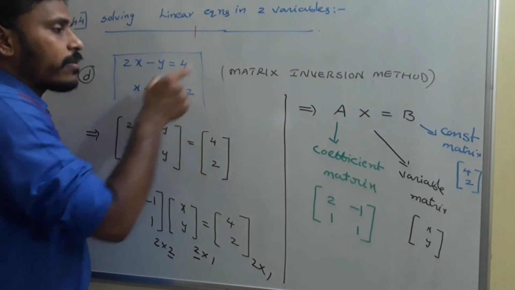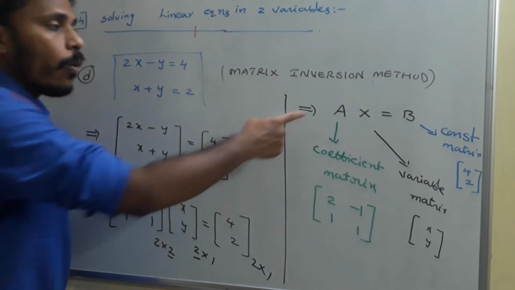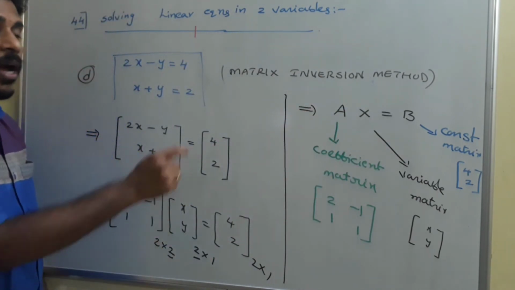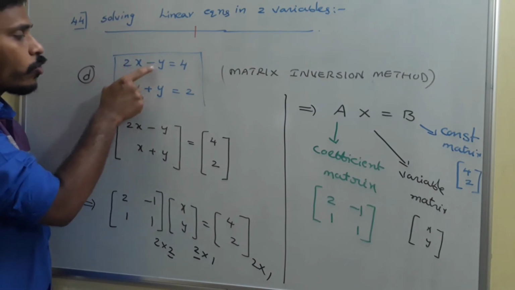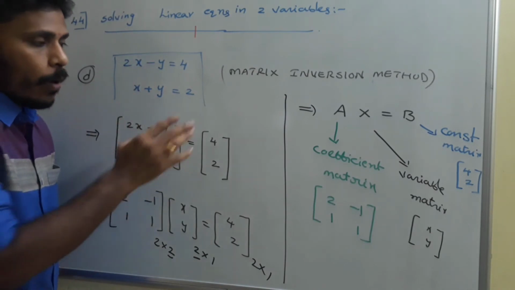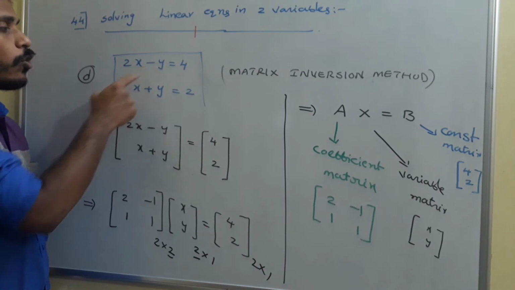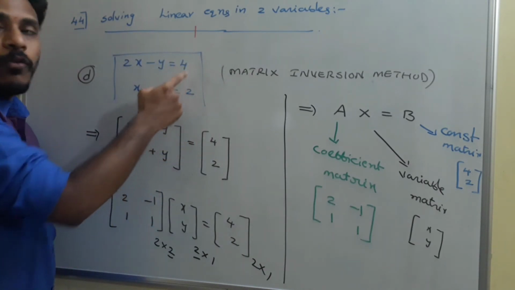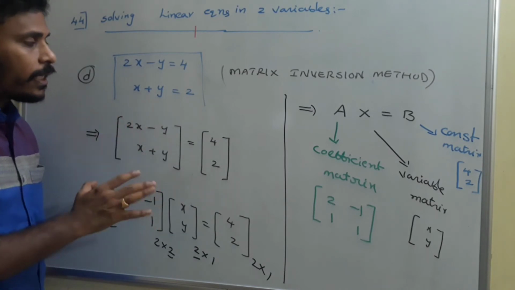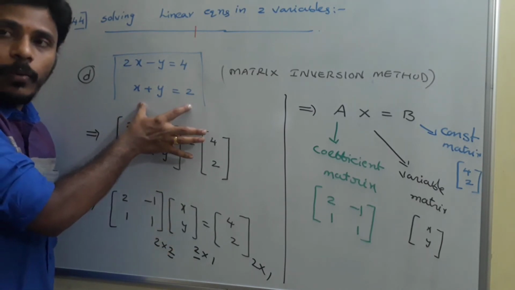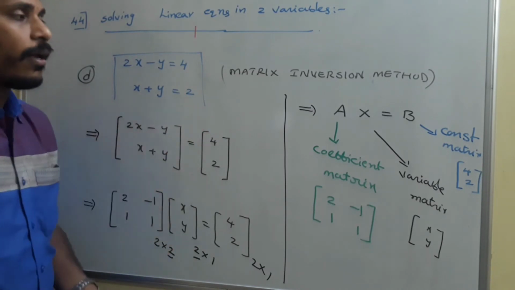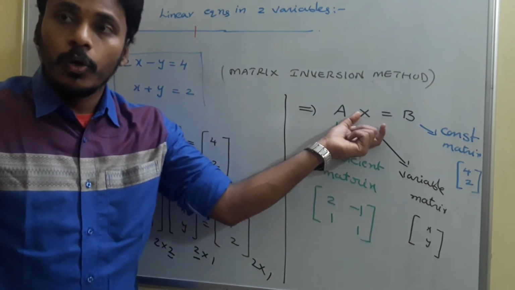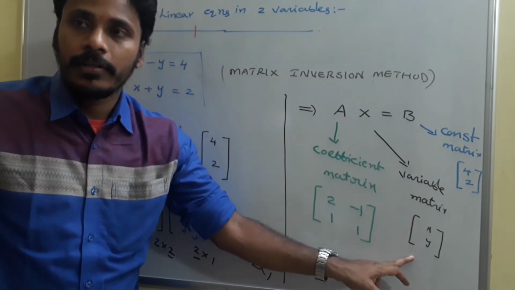Directly write this matrix as AX is equal to B, where that A is the coefficient matrix and it contains the coefficient elements, okay? 2 minus 1 1 and 1, whereas that X is the variable matrix, so the involved variables like x, y, and that B is the constant matrix 4 comma 2, okay? And at the end, solving these two linear equations in two variables is simply nothing but solving this matrix equation to find this variable matrix, right?